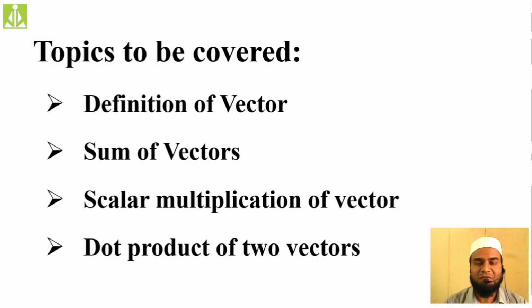Then we will see, if two vectors are given, how to add them, that is called the sum or addition of vectors. Next, how to multiply a scalar with a vector. Then at the end we will see the dot product of two vectors. Okay students, let us begin today's class.